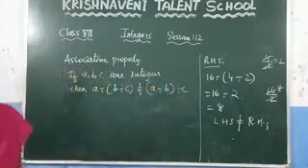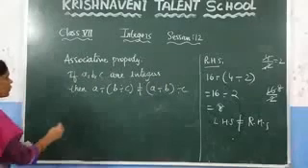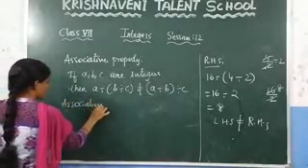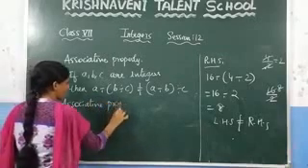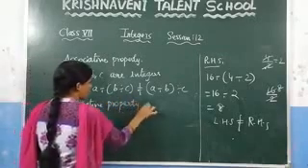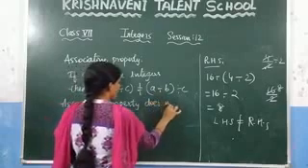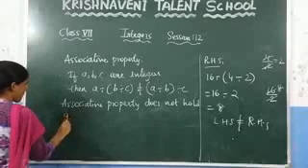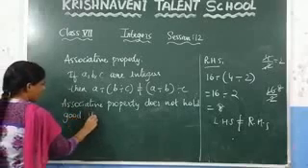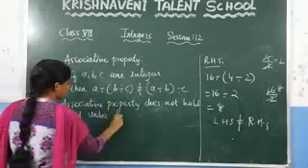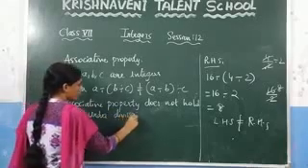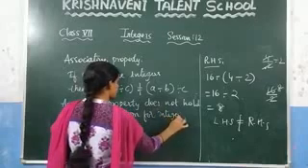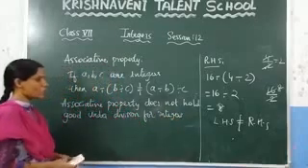From this you can state that the associative property does not hold good under division. For which numbers are we discussing this? Integers. These are the properties for the integers.